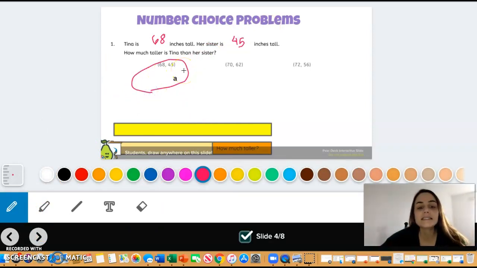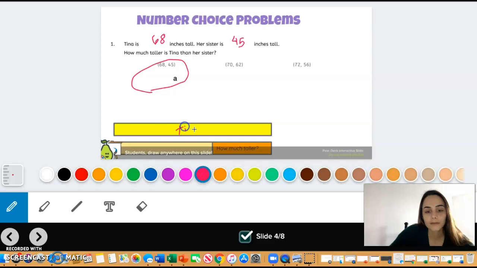So Tina is 68 inches tall. Her sister is 45 inches tall. How much taller is Tina than her sister? Okay, so here I have Tina. Tina is 68, sorry. And then her sister is 45.